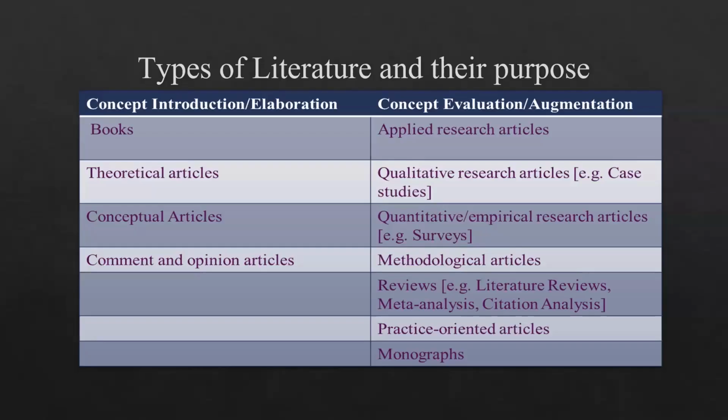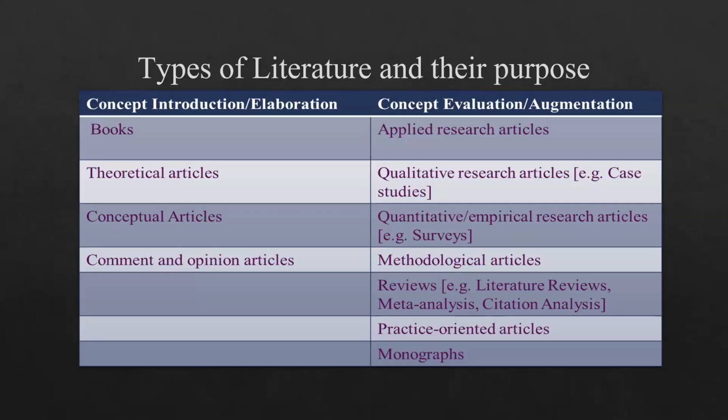And then once they are aware of the key concepts and theories in that particular area, they can then move on to the types of sources in the right-hand side of the table, which is things like those applied research articles, whether they're qualitative or quantitative, such as case studies.